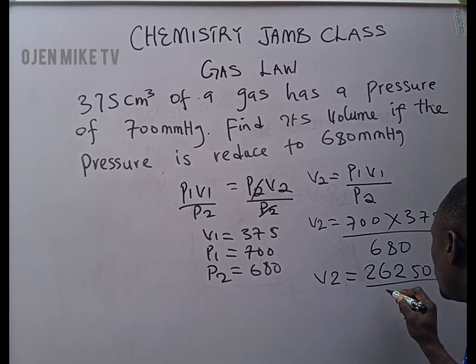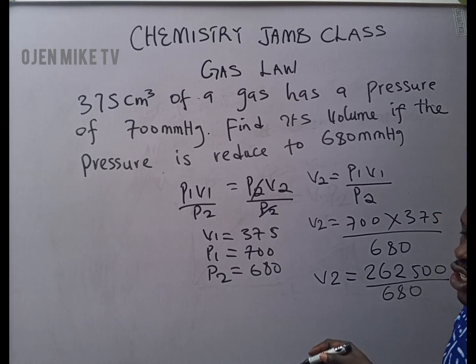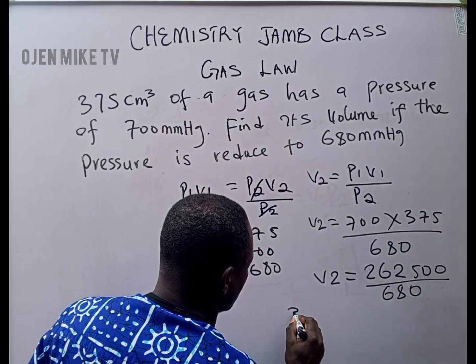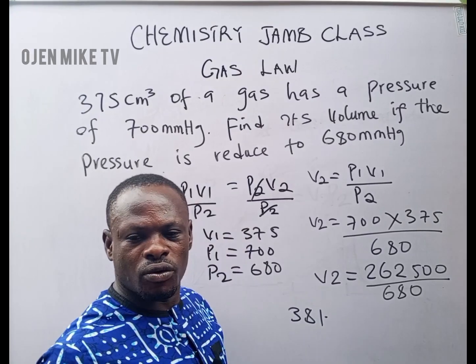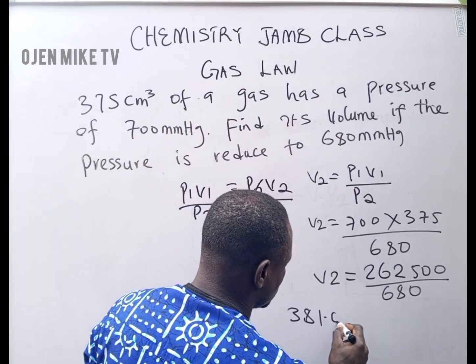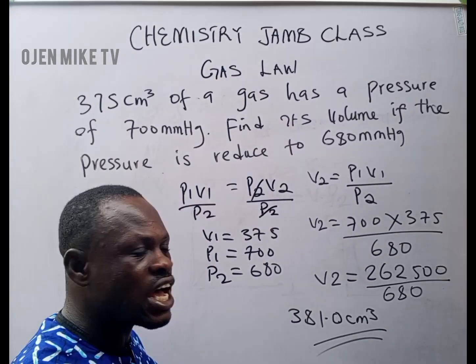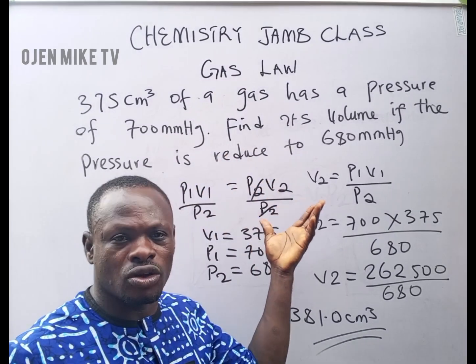You divide it by 680. At the end of it, our answer will be 386.0 cm cubed. So this is our answer. This is how you can calculate a problem on Boyle's law.